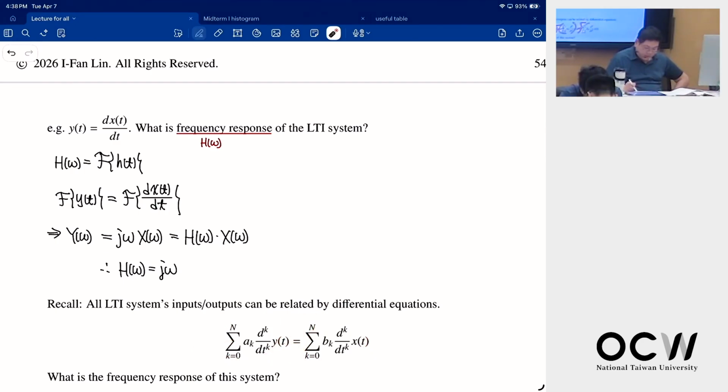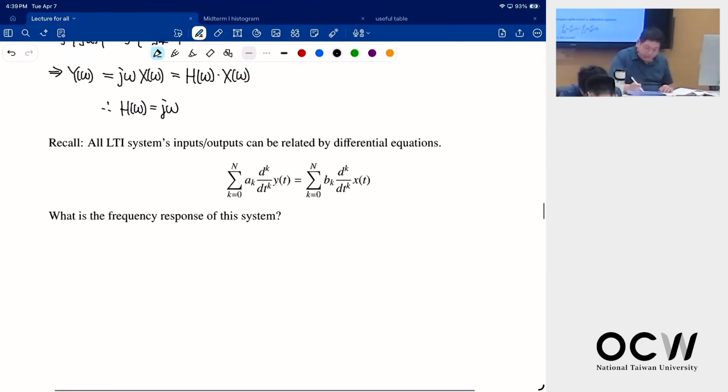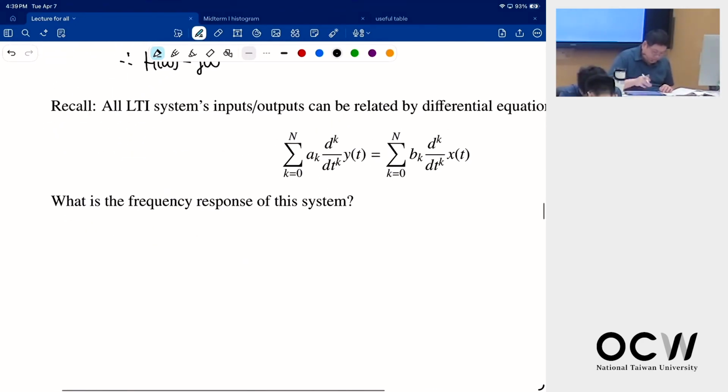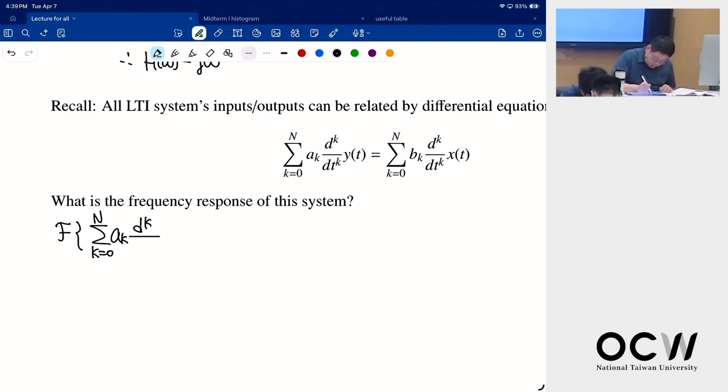Okay, so if I take the Fourier transform, here we have the kth derivative, and the right hand side still the kth derivative.